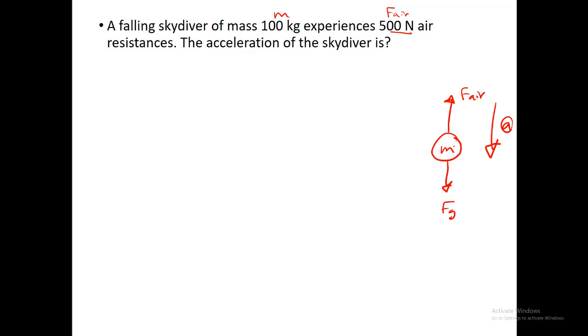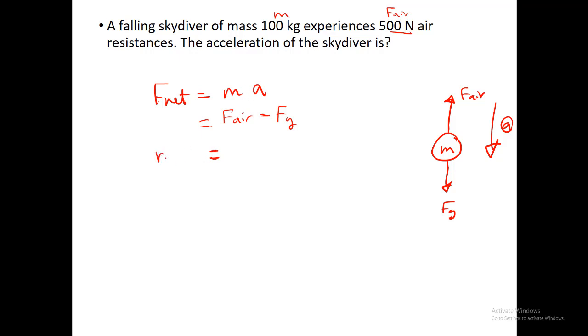Using just Newton's second law, F net equals m times A. This is Newton's second law, and also from the sketch that we are drawing now, F net also equals F air minus Fg, or W. You can say that Fg is the same as W, the weight here. So we can say that this equals that.